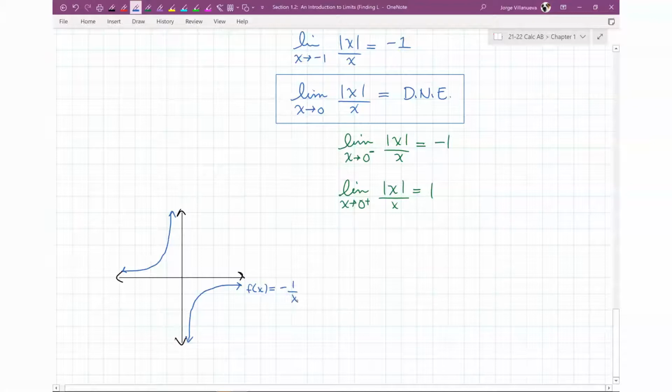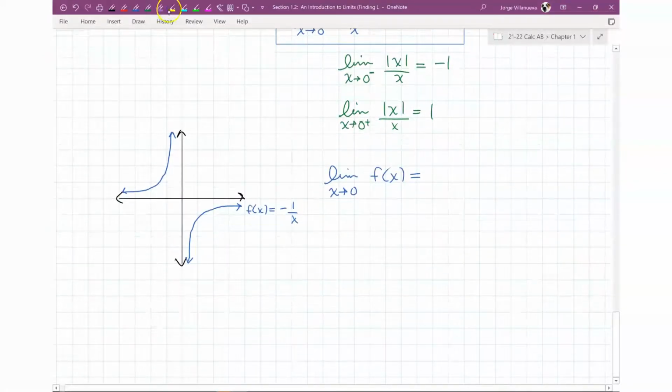Okay? If I ask what is the limit as x approaches 0 of this function, what should I get? So I'm trying to get to 0, right? So let's ride the roller coaster here.